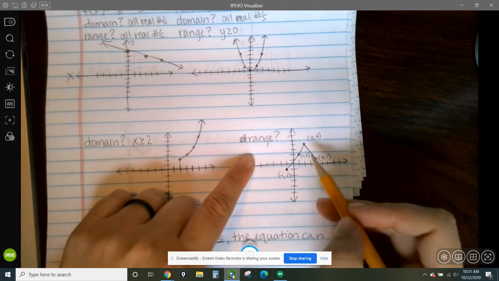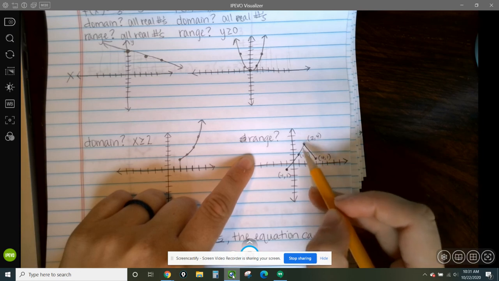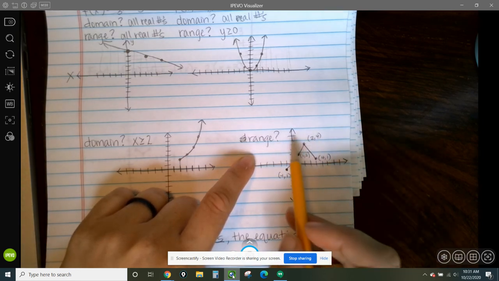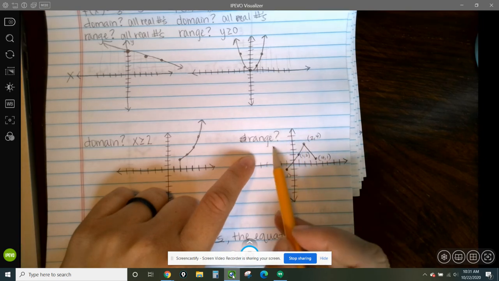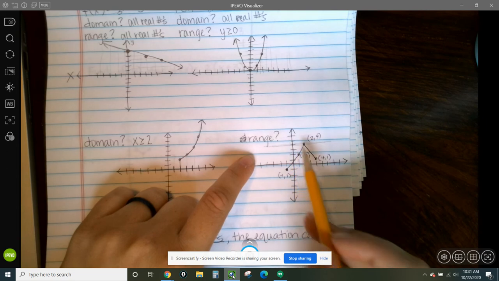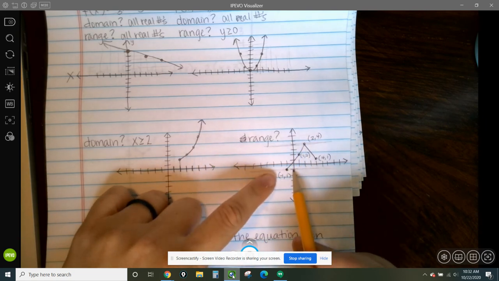On this graph, here's just this line. Notice there's no arrows that continue this graph. It's just this thing right here. What's the range? Range means y values. So I'm looking at my y-axis. So the biggest y I see is this one right here, positive 4. And the lowest y value was negative 1.